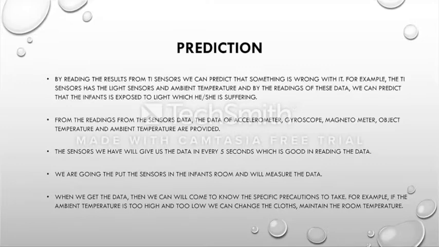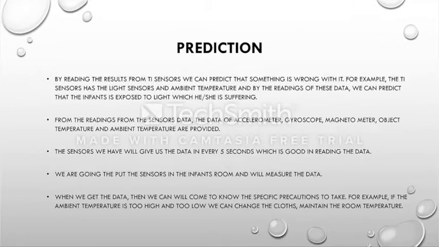The TI sensor we are using, the Texas Instruments sensor, model number CC2650, will gather data every 5 seconds, the temperature and humidity of a room. If there is a spike or any major change, it will notify the user or the parent immediately. Then he or she can go and attend to the baby, make any changes to the device, or make the baby wear warm clothes or take off their sweater or jacket, whatever is required.